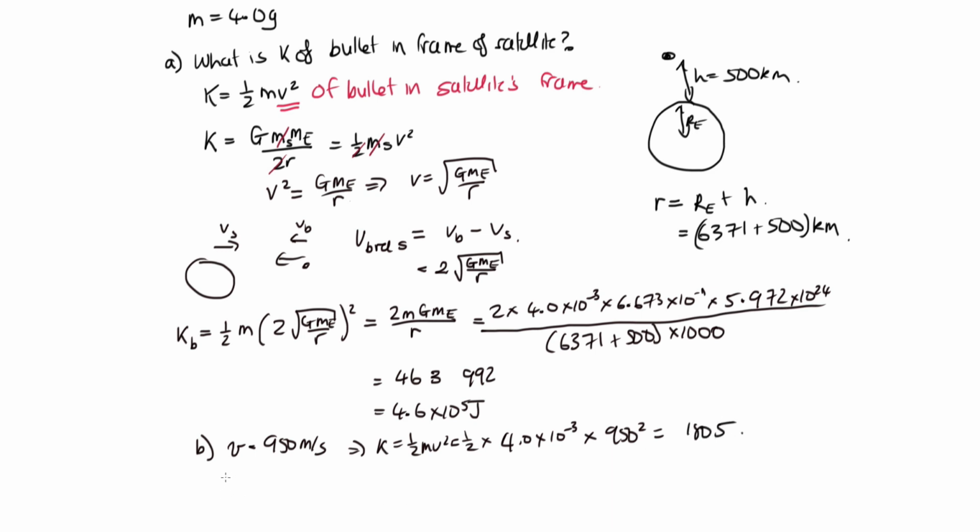So to get the ratio of K in space over K from rifle, we do 463,992 divided by 1,805, and that gives us 257 or 260 to two significant figures.